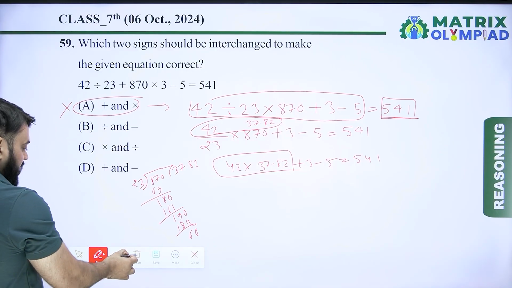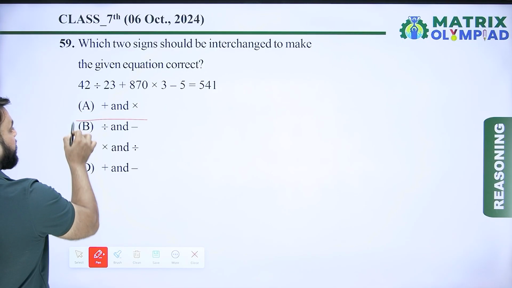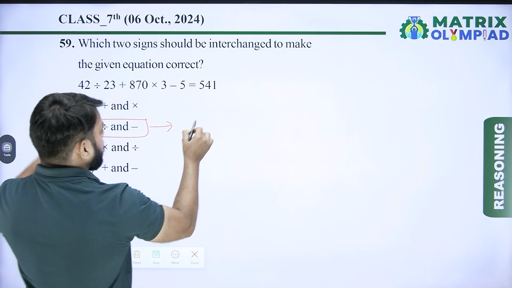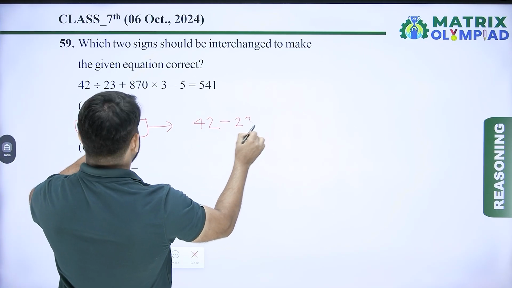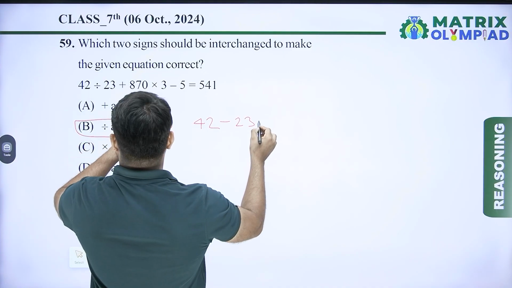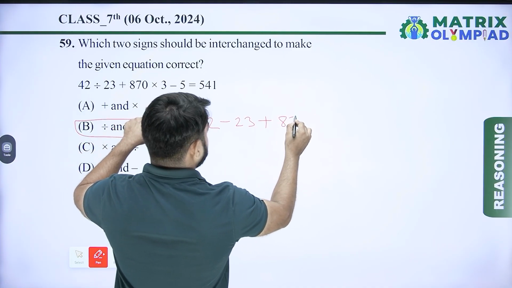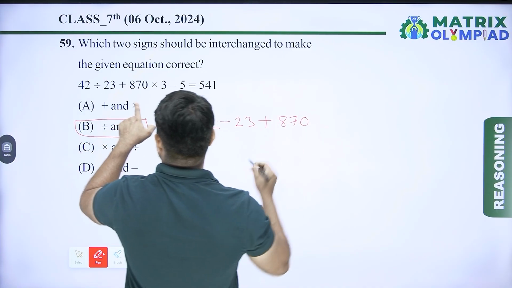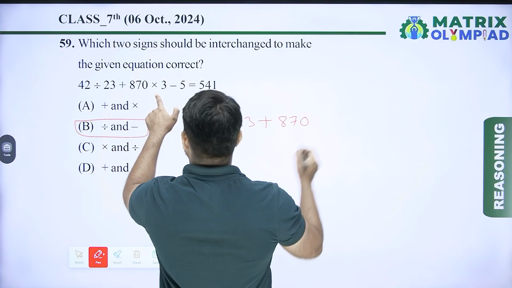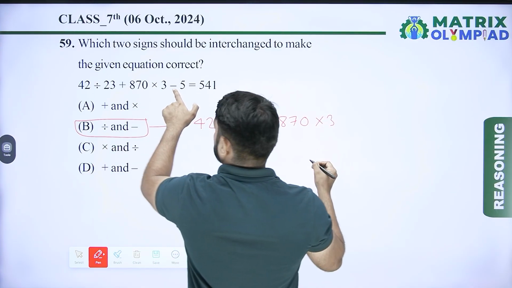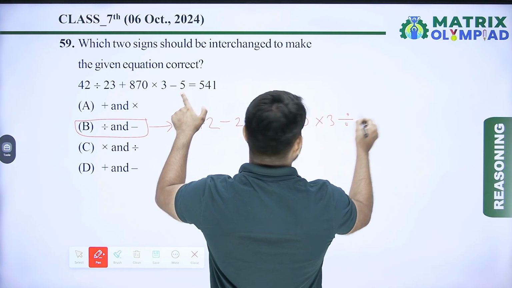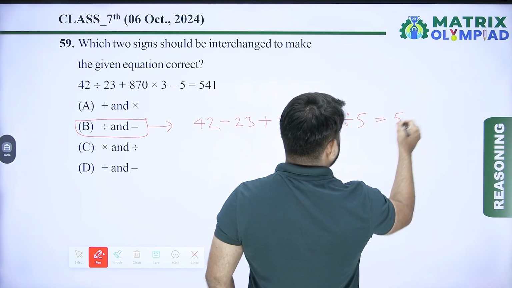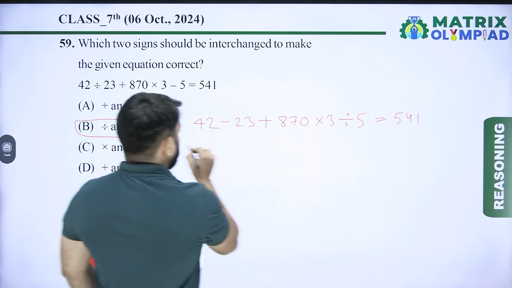So now according to option B, now taking option B, 42 divide means minus, 23 plus 870 multiply, 3 minus means divide 5 is equals to 541.